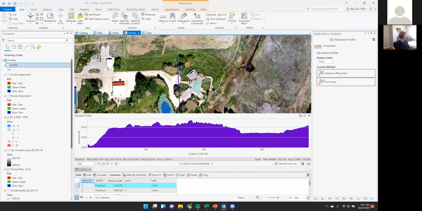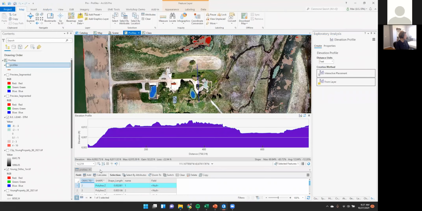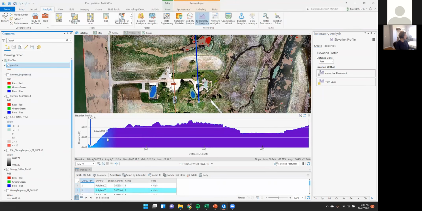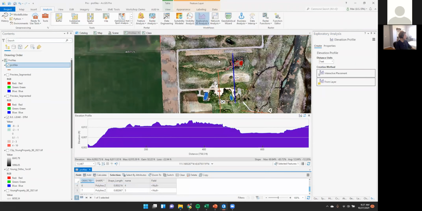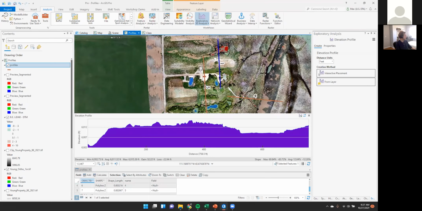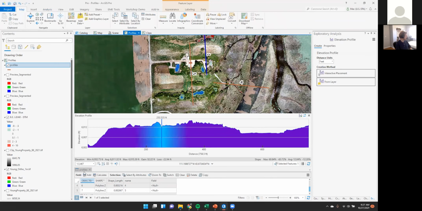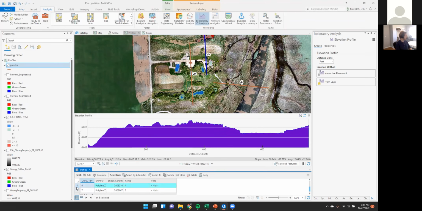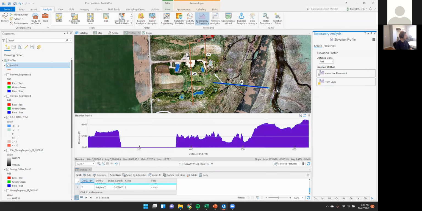I'm actually going to change and look at a different one. So let's take a look at this one that crosses the river, actually. And apply that. Okay.